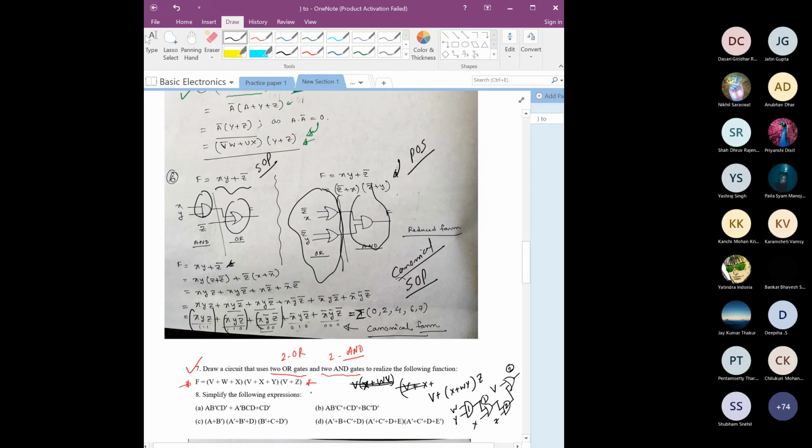But the only thing is, can we write this one to this? If we can, then it is the correct one. Please tell me how you got from here to here. In the first two terms, we take v plus x in one term and wy in the other term, so we get v plus x plus wy.